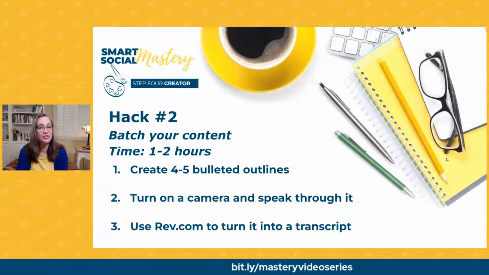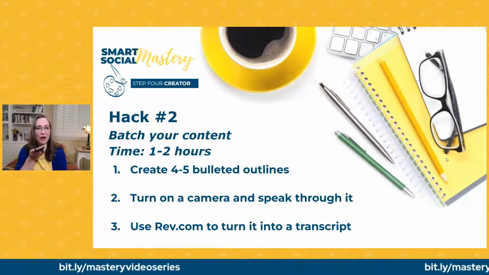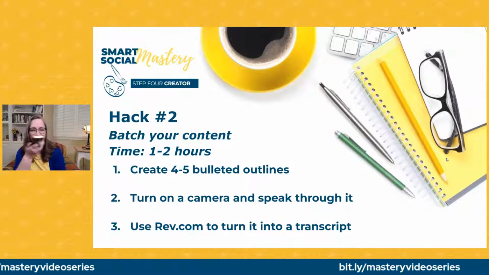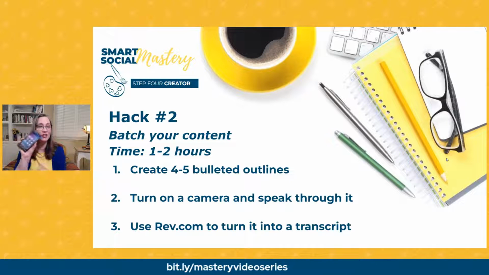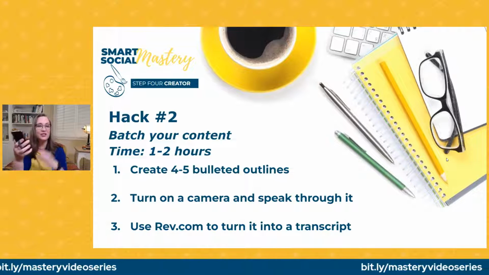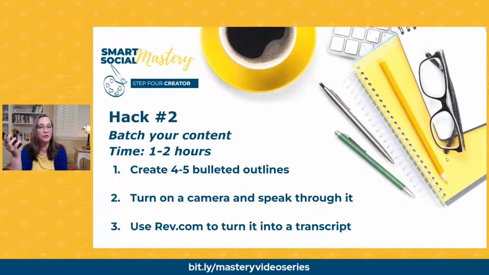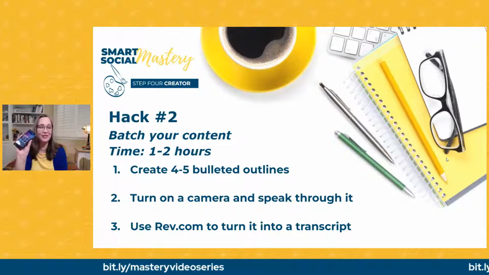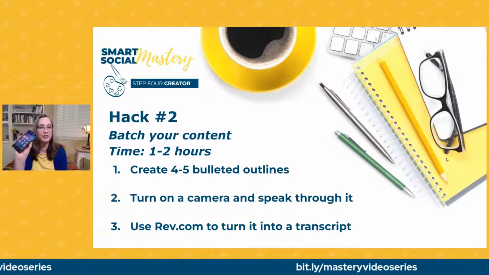Otter.ai is a great way for you to just record your outline. You can sit down and record the outline on Otter.ai, and it will transcribe it for you. It types it out, and you see it being typed out as you go. Plus, it also records you. What's cool about that is then you can turn it into a blog post or whatever. So if you're more of a written person, Otter.ai is good.